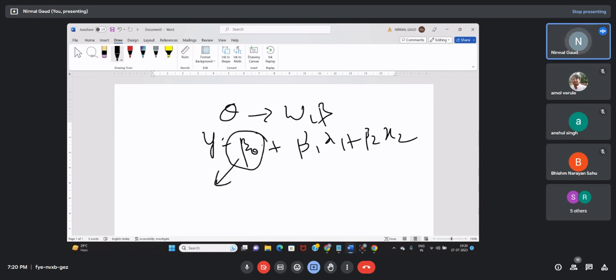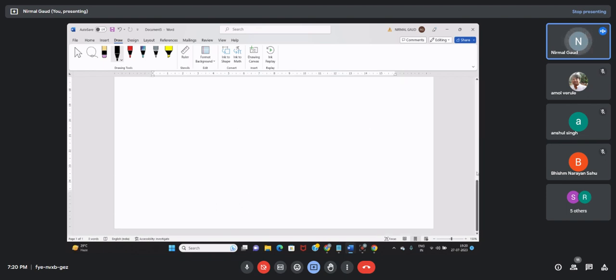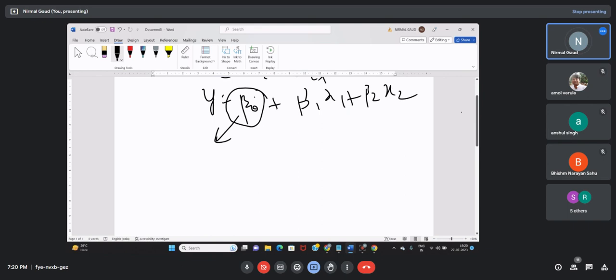In case of linear regression, you know that for the bias you are multiplying with 1. I hope you remember, you multiply with 1, because this is beta naught.